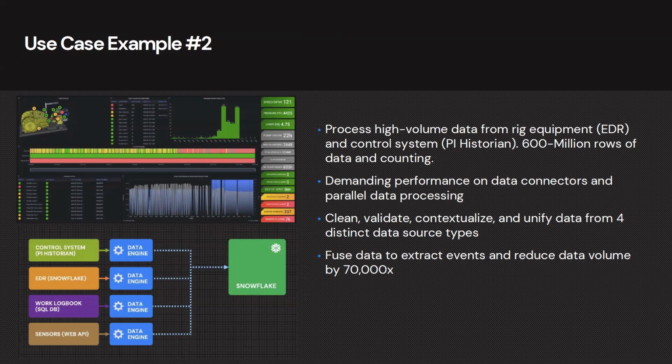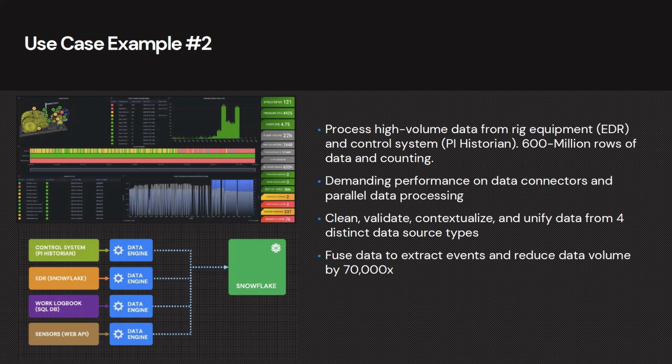The data connectors need to work at high speed, ingest a lot of data, and therefore the design of those connectors is pretty critical. In addition, with that volume of data, you cannot process that in a single computer. So you need to be able to parallelize the processing through many, many virtual machines in order to support this type of system.